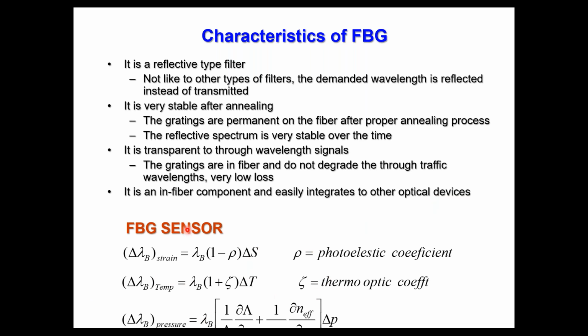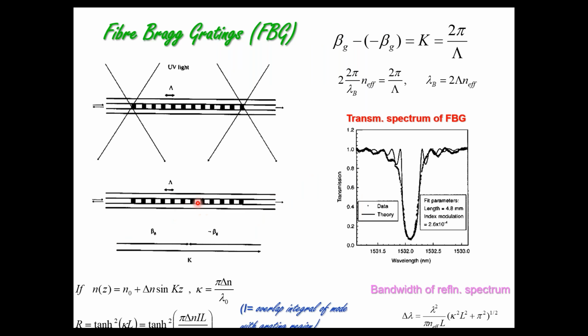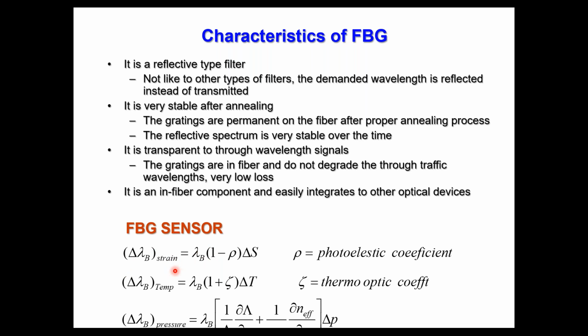So these are some of the equations used for strain sensing, temperature sensing, and pressure sensing using such fiber Bragg gratings. Obviously, the capital lambda, which is the periodicity that is written onto the fiber, is going to change when we apply the strain, the temperature, and the pressure.